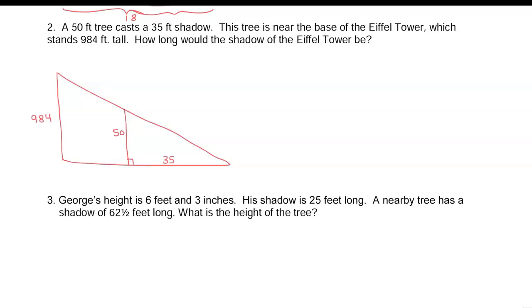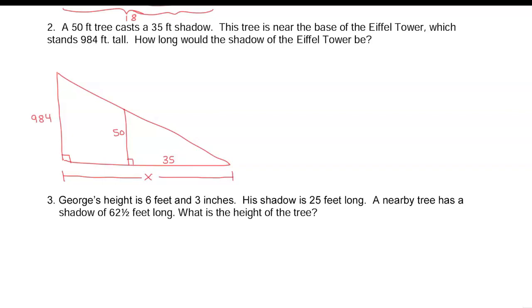Remember, we have right angles here, which is giving us the similar triangles. How long would the shadow of the tower be? So that's down here. We want to know the whole length of the shadow of the Eiffel Tower. So this one is just like the last one to set it up.